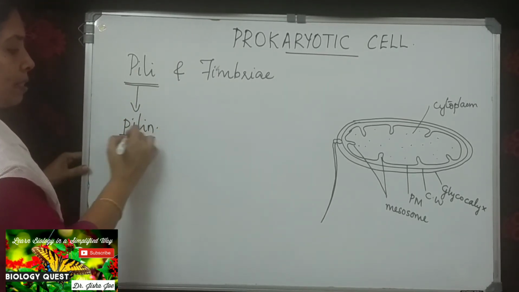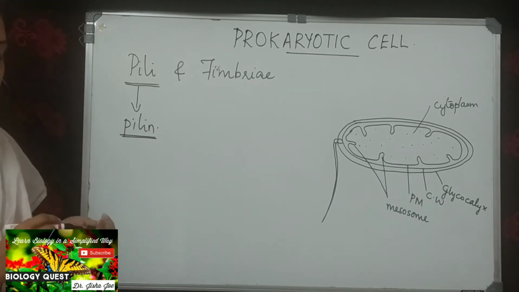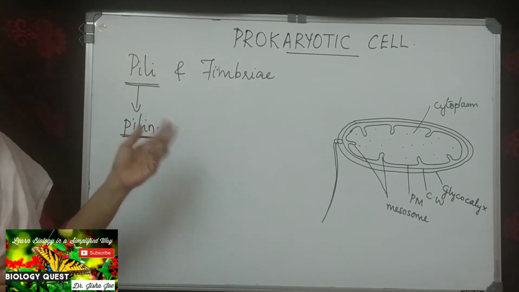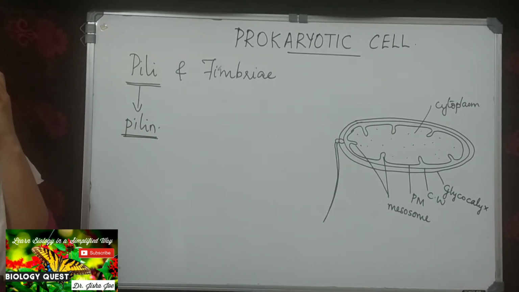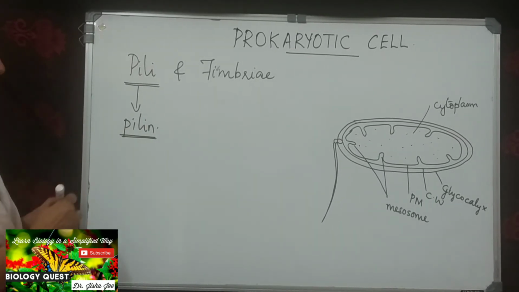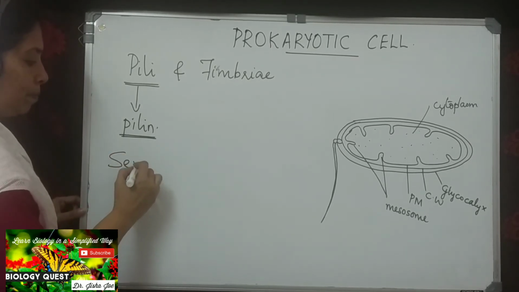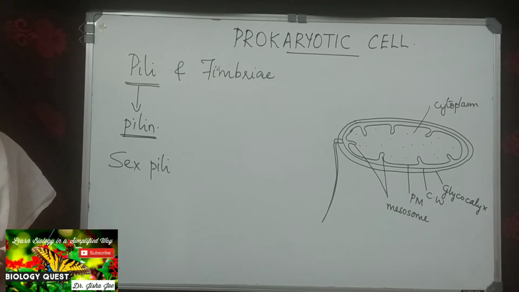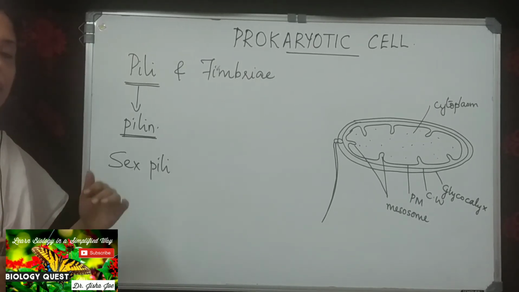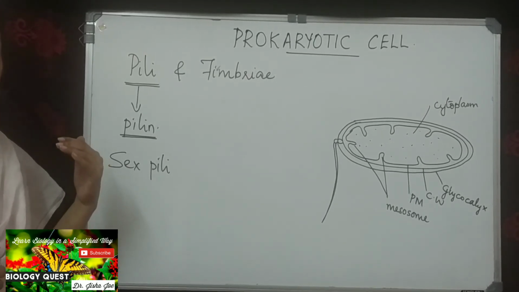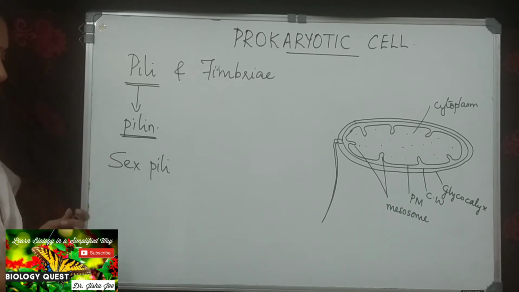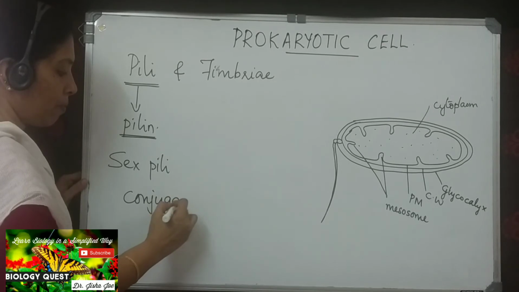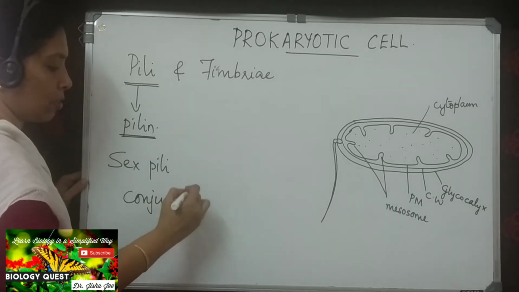Certain pili, called sex pili, are involved in the transfer of genetic material from one bacterium to another during bacterial conjugation.